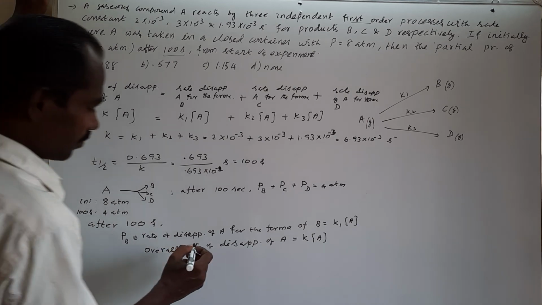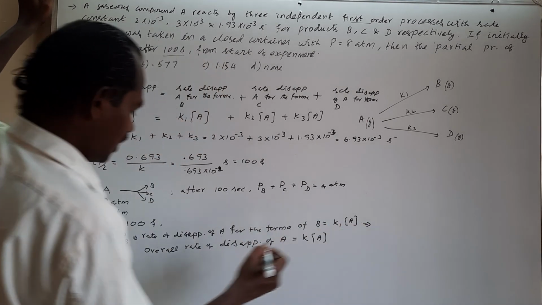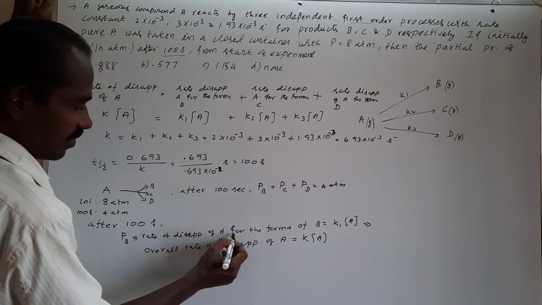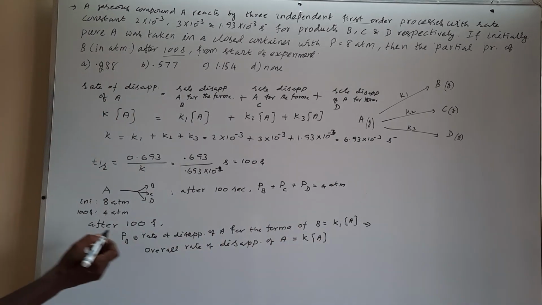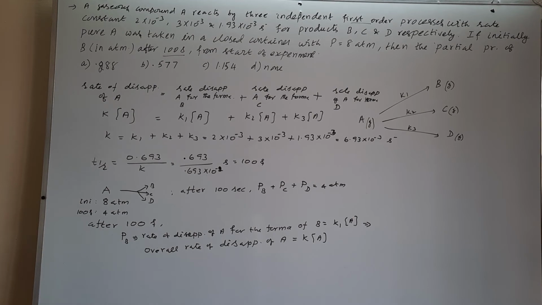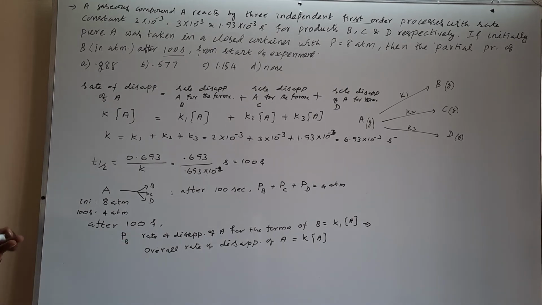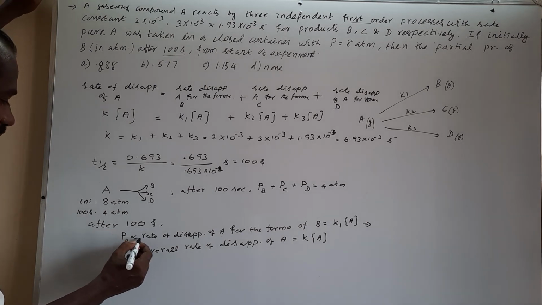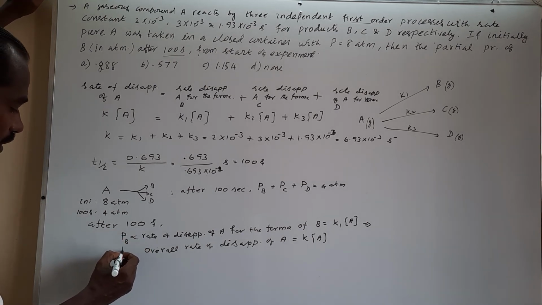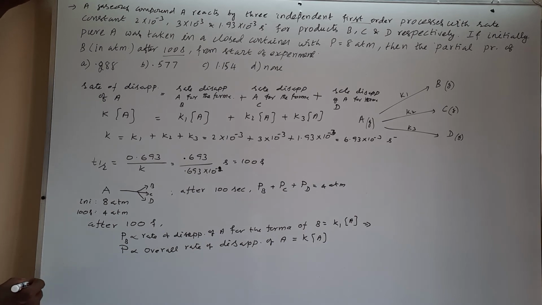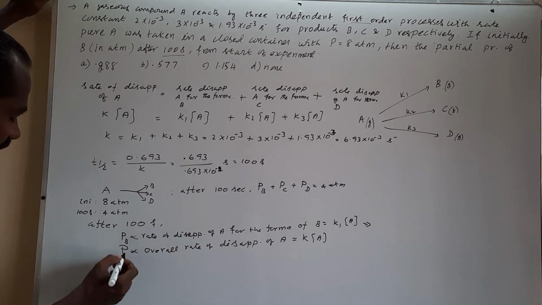Now the rate of disappearance of A for the formation of B is directly proportional to the pressure of B, and the overall rate is directly proportional to the total pressure. Now let us take the ratio.